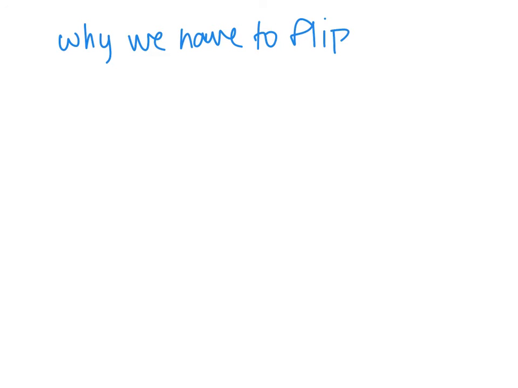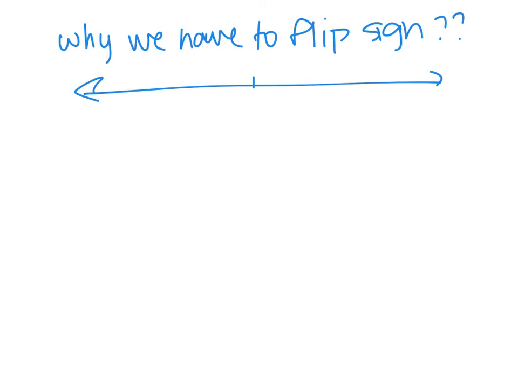As promised, here is your explanation as to why we have to flip the sign when we multiply or divide by a negative. If I look at a number line and I compare the number 1 to the number 5, I would say 1 is less than 5.